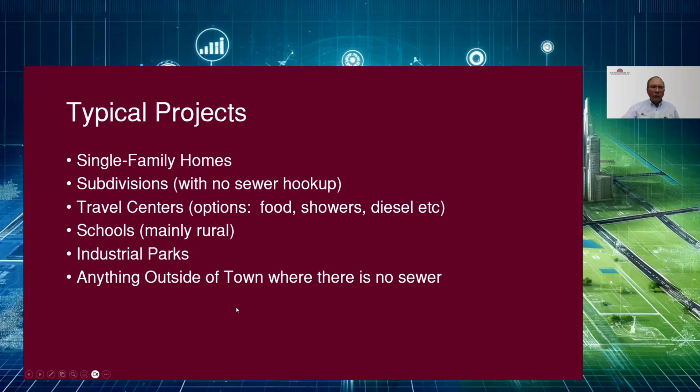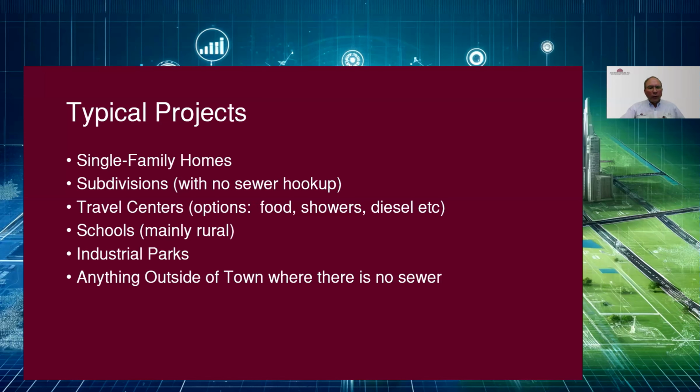Typical projects include single-family homes and subdivisions, as I talked about, with no sewer hookups. Travel centers, which are typically found along the major highways. We look at what's going on there, whether they have food, showers, diesel, since they have trucks. The other things we look at are schools, mainly rural schools, and industrial parks.